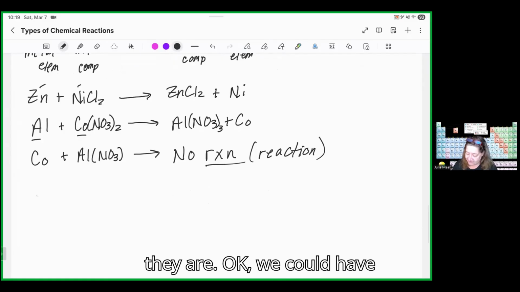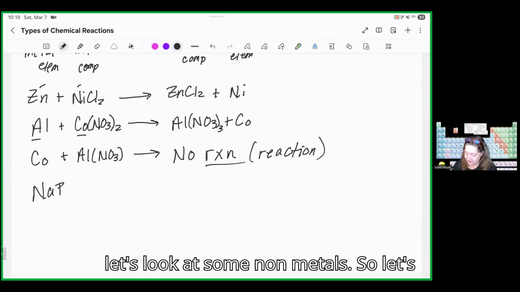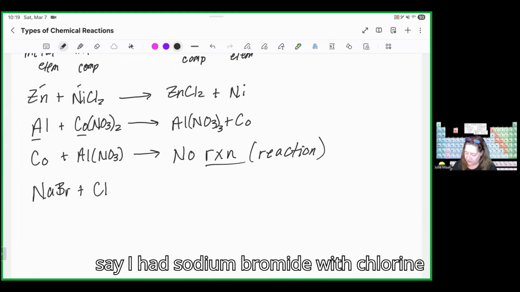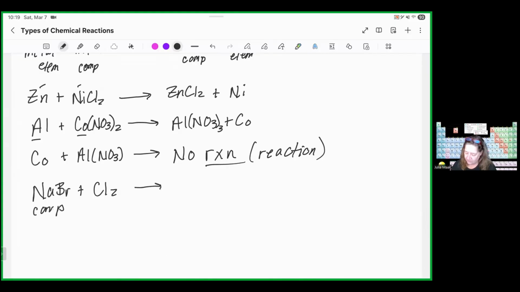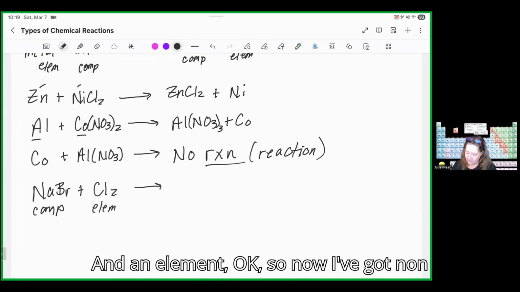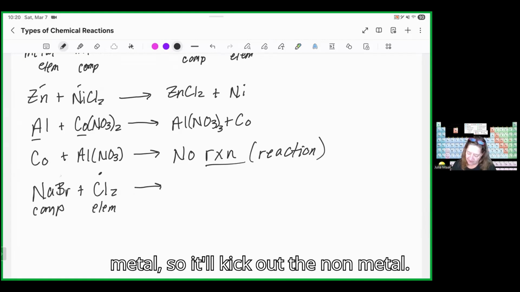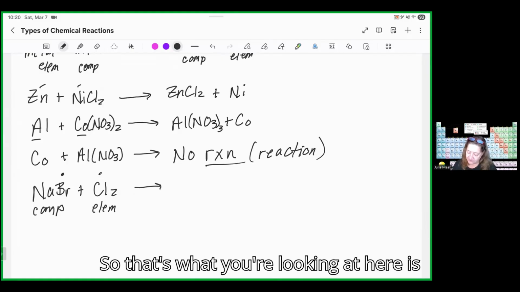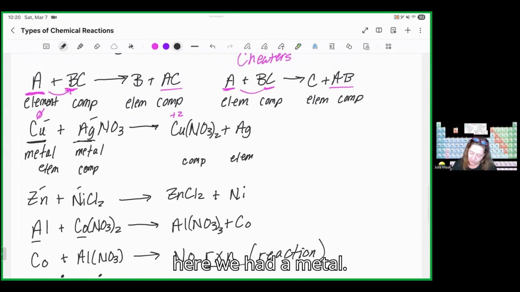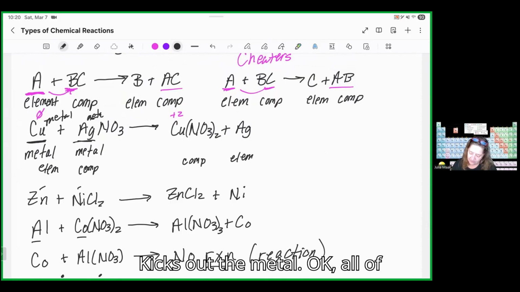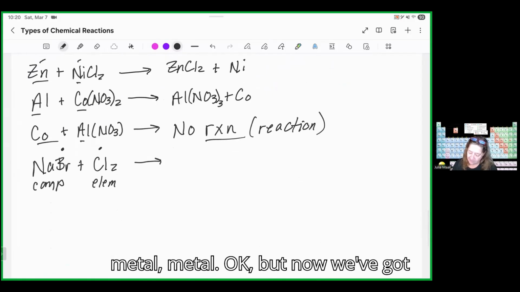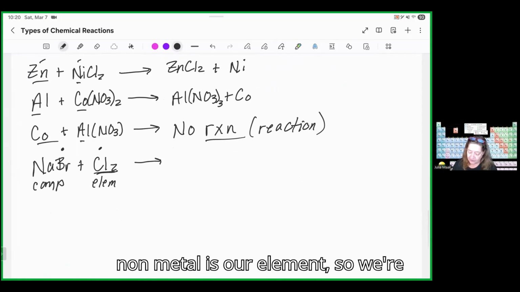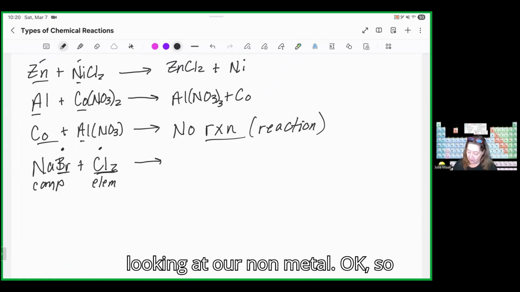Okay, we could have, let's look at some nonmetals. So let's say I had sodium bromide with chlorine gas. Okay, so I have the compound and an element. Okay, so now I've got nonmetal, so it'll kick out the nonmetal. So that's what you're looking at here, is here we had a metal, kicks out the metal. Okay, all of these were metal, metal, metal, metal, metal, metal. Okay, but now we've got nonmetal as our element, so we're looking at our nonmetal.